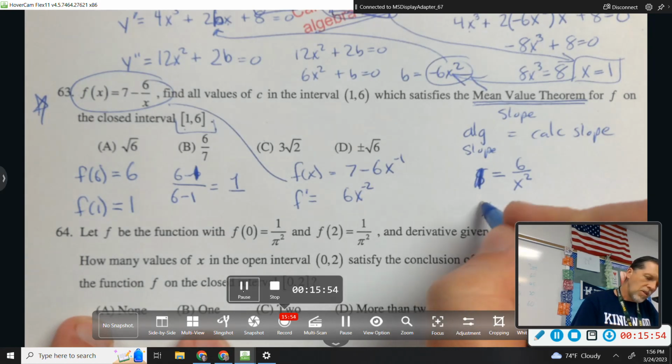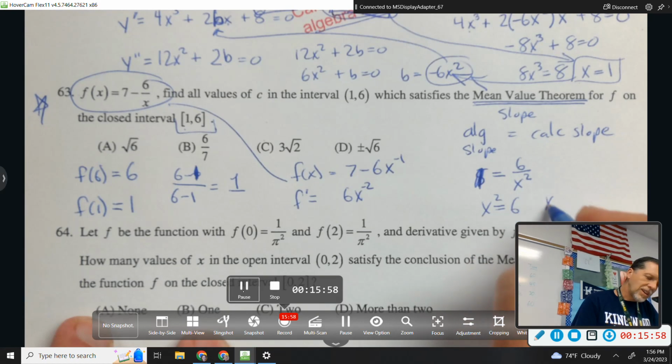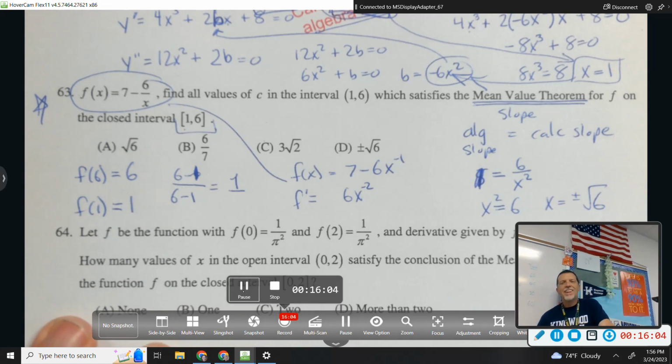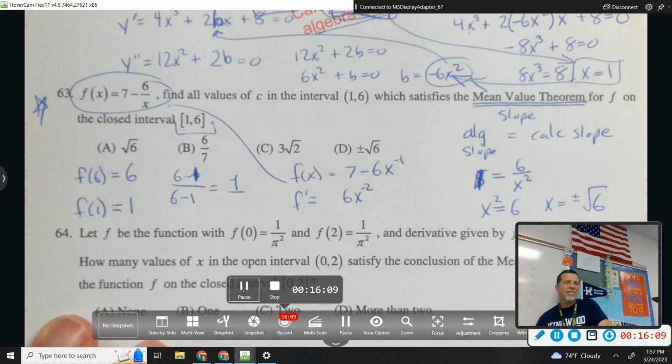So move things around. X squared equals 6. Square root both sides. And plus or minus square root of 6 is not my answer.